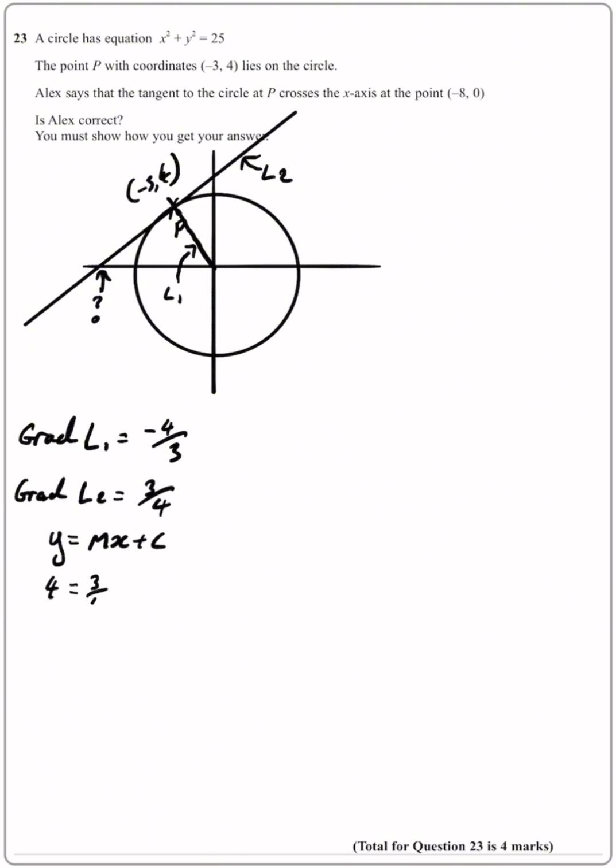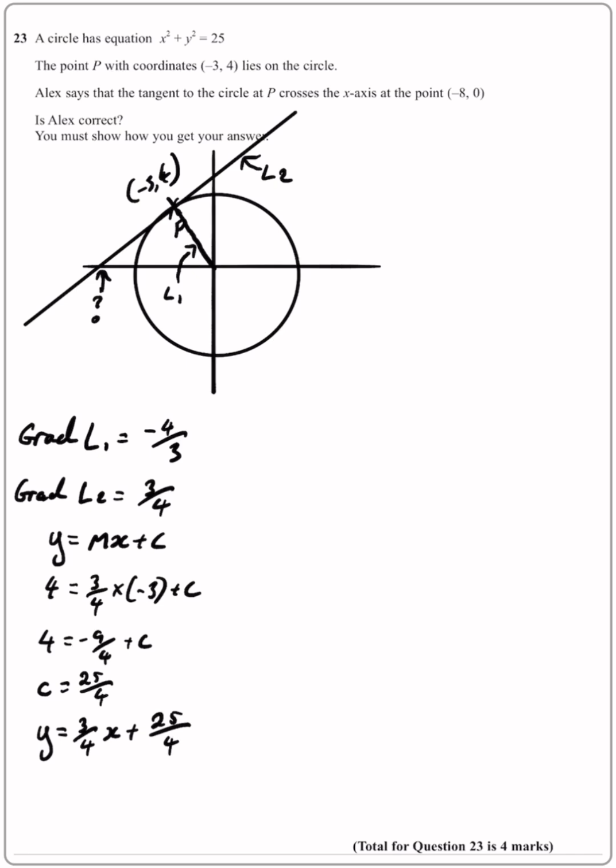Plugging y to be 4 and x to be -3 into y equals mx plus c, we get 4 equals 3/4 of -3 plus c. And c is therefore 25 over 4. So the equation of L2 is y equals 3/4 x plus 25 over 4.